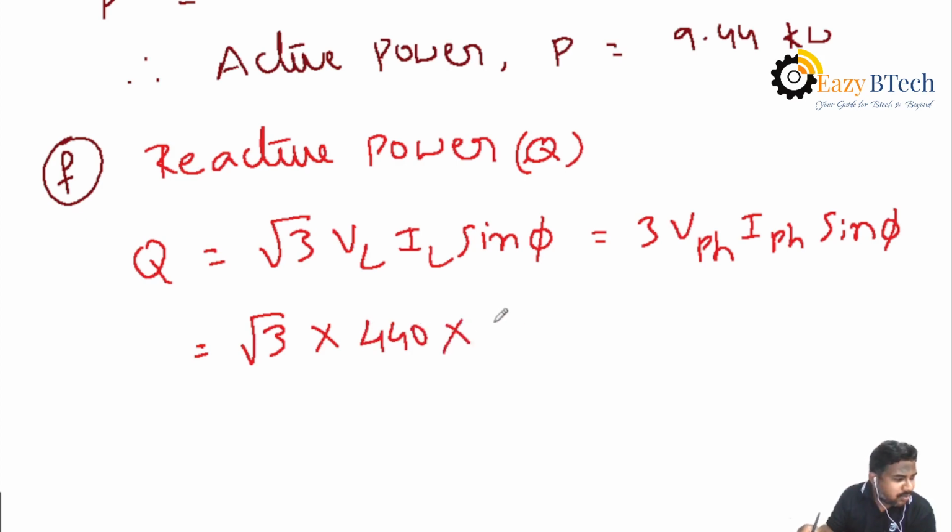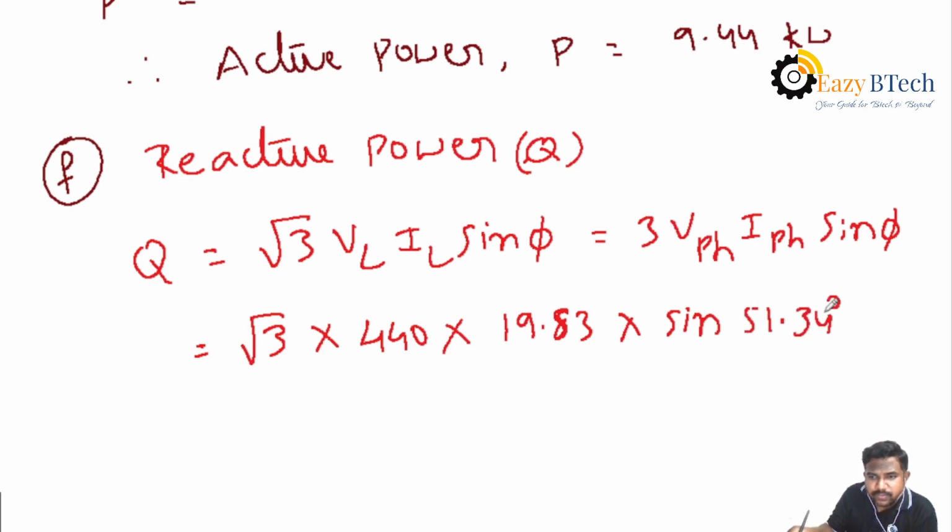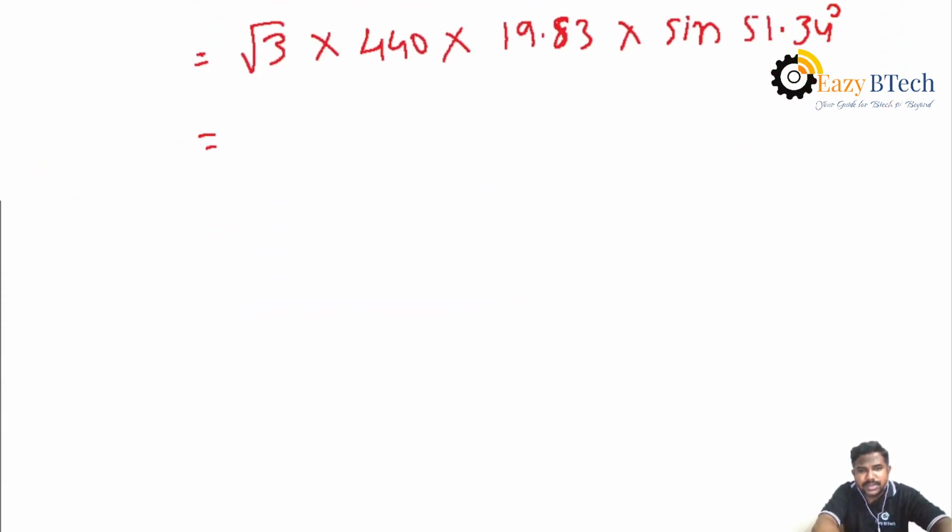the IL value 19.83 amperes into sin phi, what is the phi value, that is 51.34 degrees, the phase angle of the system. Then you have to make calculations.